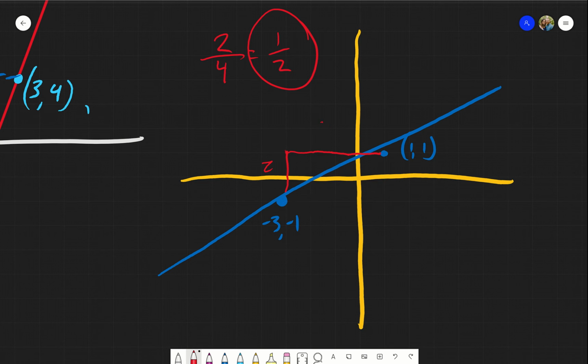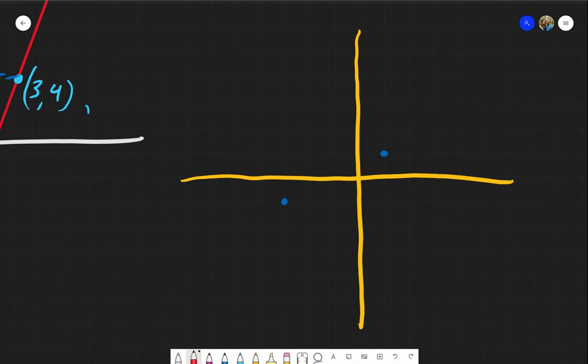Now, you might also have points on your graph that look like here's a point and here's a point. This is 1, -3, and this is 0, 4.